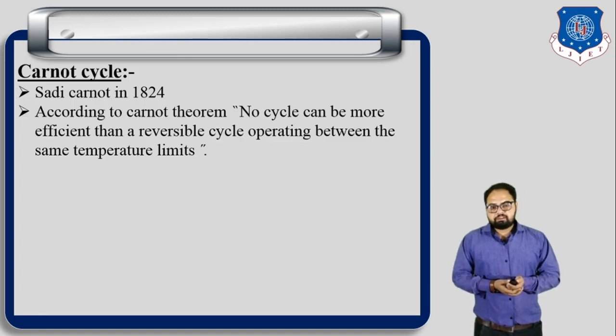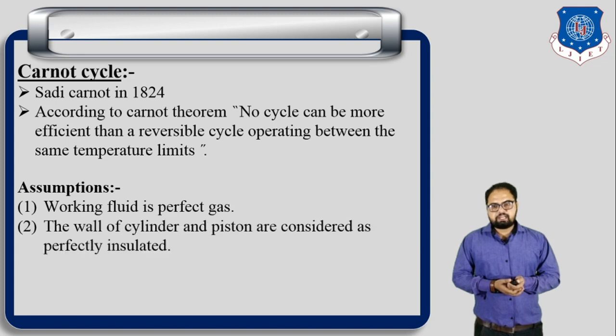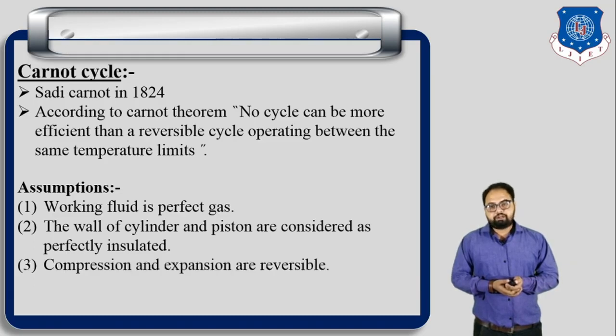For understanding the Carnot cycle, we need to take a total of four assumptions. The first assumption is that the working fluid must be a perfect gas. The second is that the walls of the cylinder and piston must be perfectly insulated.